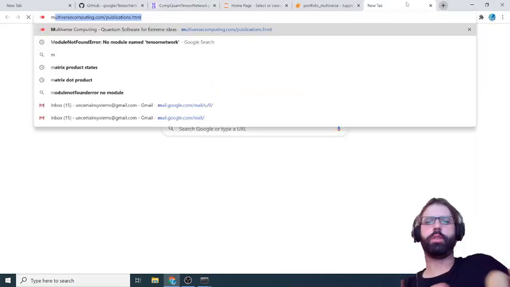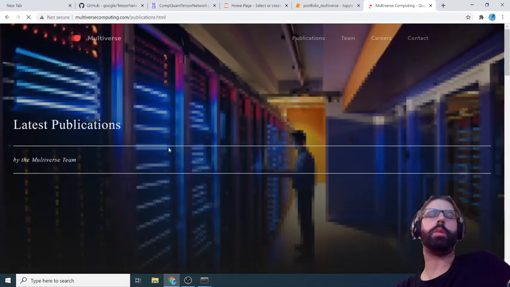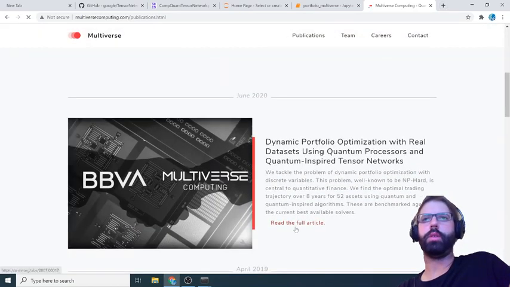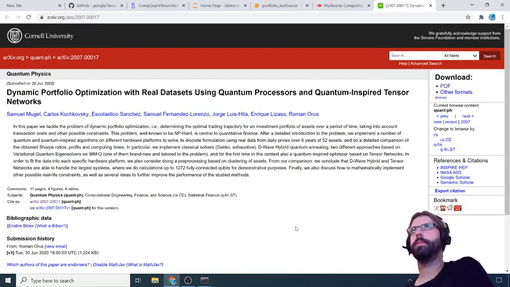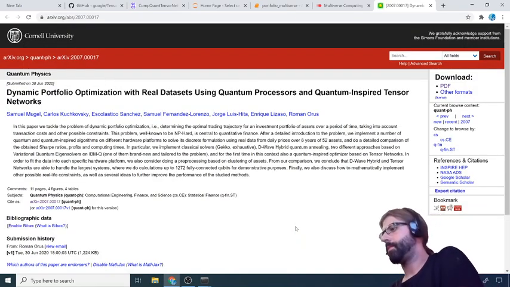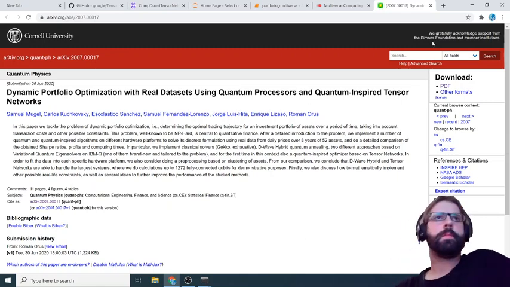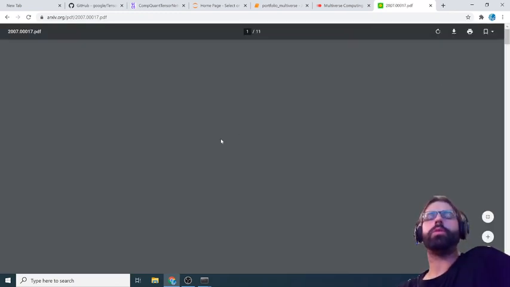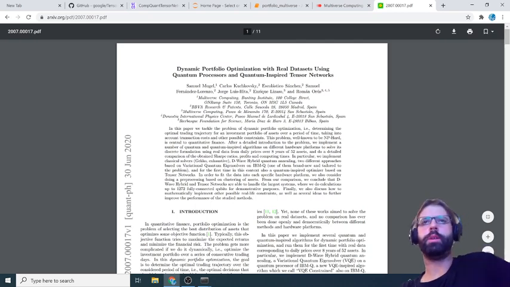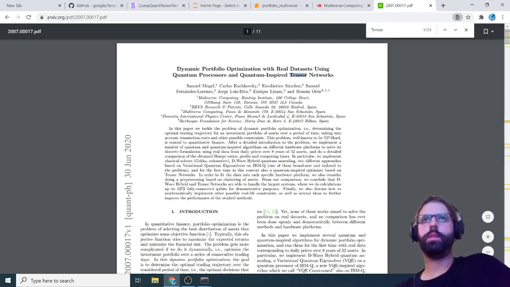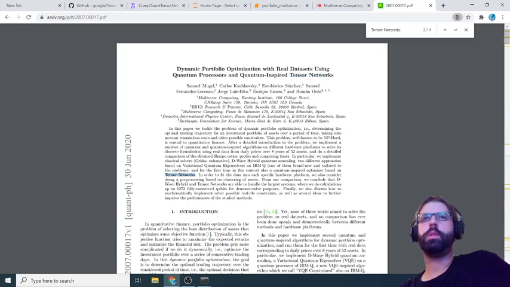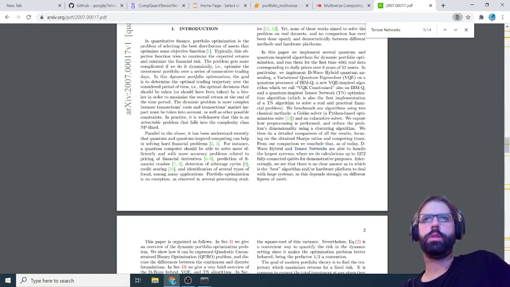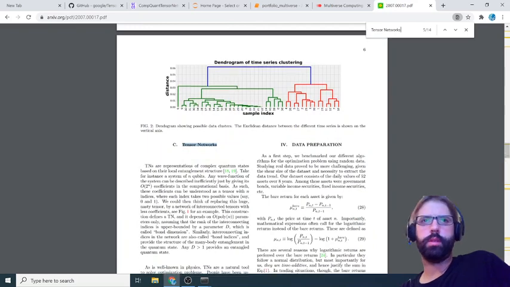Maybe I should just use the Multiverse Computing paper actually for these, and try to get where tensor networks.